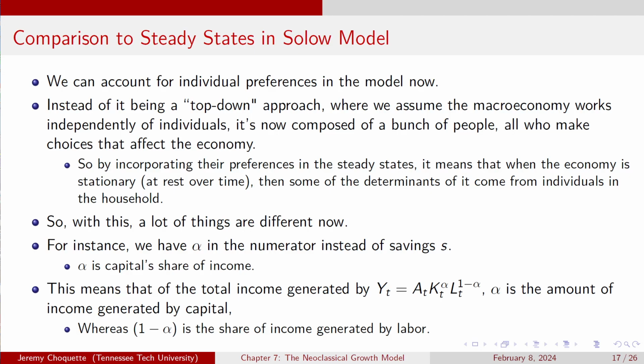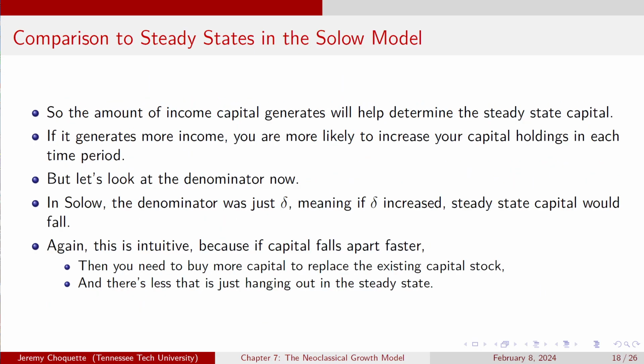But this is all per capita, it's all units of capital per effective labor unit. So the amount of income that capital generates helps determine the steady state capital. It makes sense to me. If it generates more income, you're going to want to increase your capital holdings each time period, right?